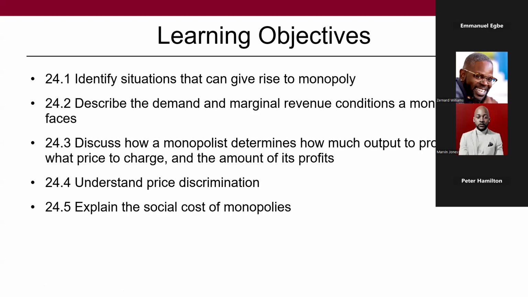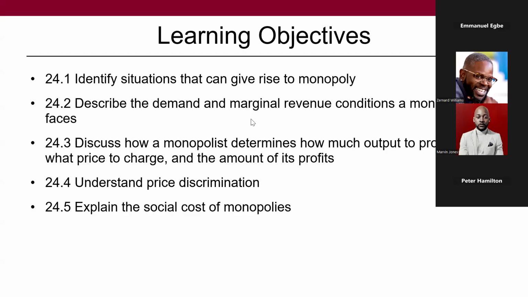You have perfect competition, we have monopoly, we have imperfect competition, or what we call monopolistic competition, and then we have oligopoly. Now, monopoly and oligopoly are similar, and perfect competition and imperfect competition, or what we call monopolistic competition, are similar. Nevertheless, these are the four main market structures.